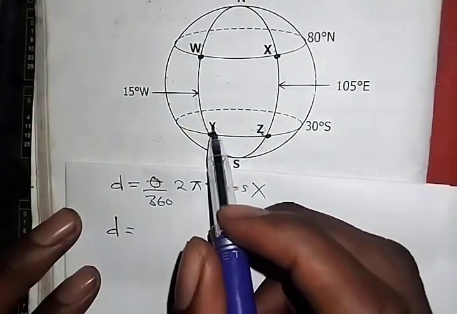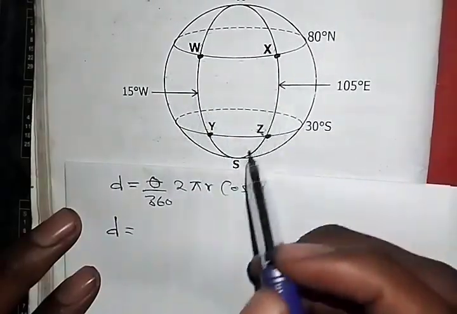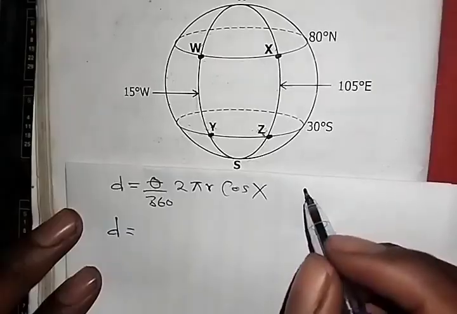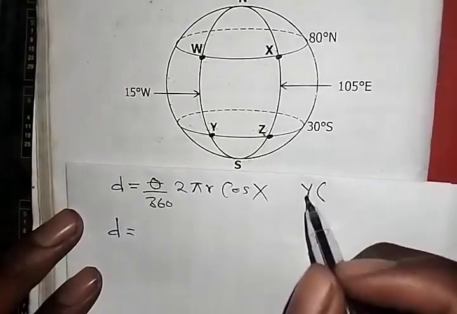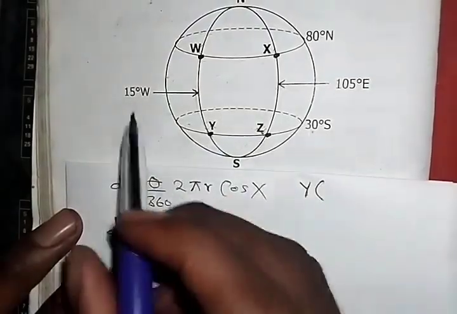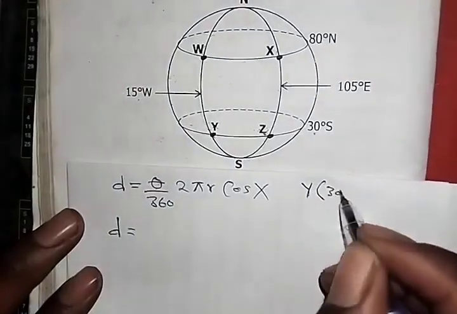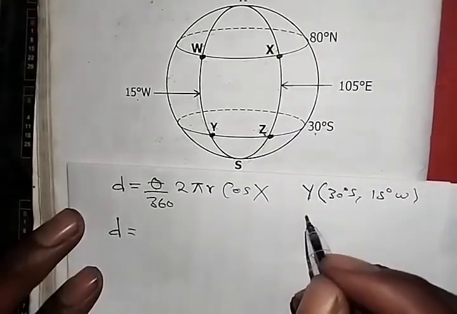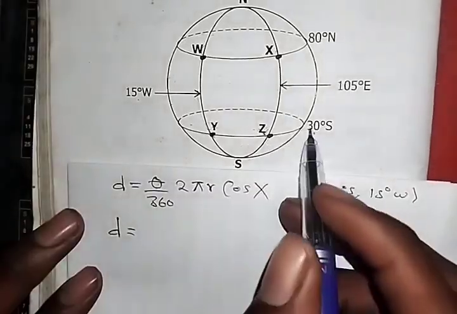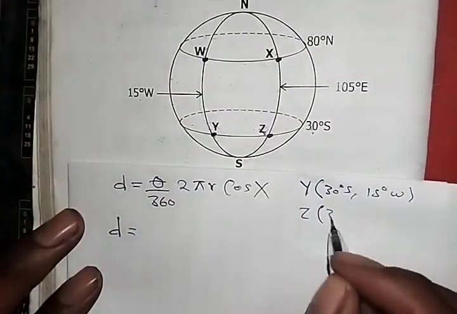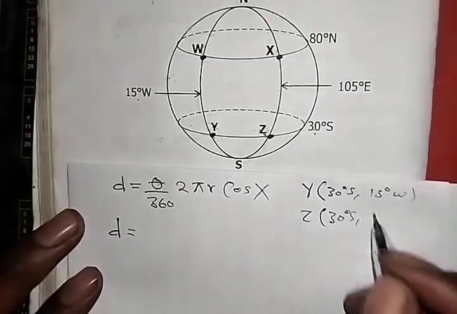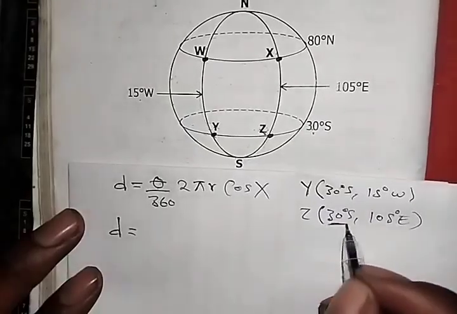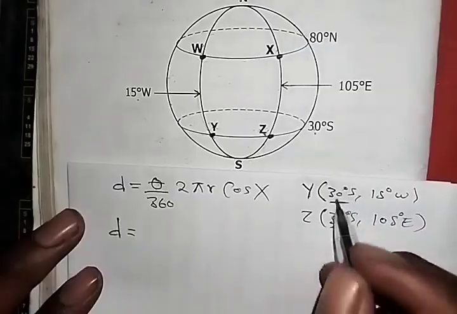So when we write the point y, it will be 30 degrees south, 15 degrees west. Then what about z? Z will be 30 degrees south, 105 degrees east. As you can see, 30 south, 30 south, it is one and the same thing.